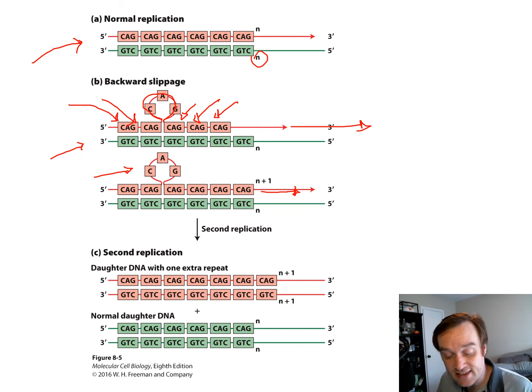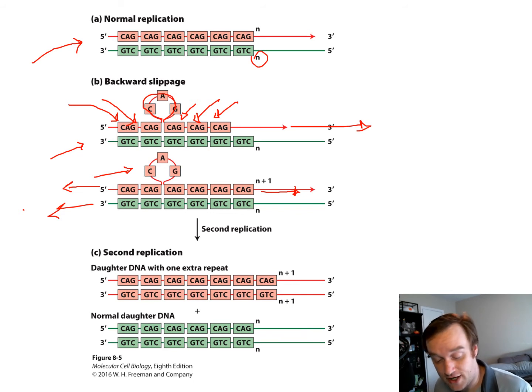And then the next time that replication occurs, both of these two strands, the 5' and the 3' strand that we looked at in part B, those both become template strands, right, for the next round of replication. So then when that occurs and these get pulled apart, the pink strand on the top has one extra CAG in it because it kind of pulls that bubble straight.